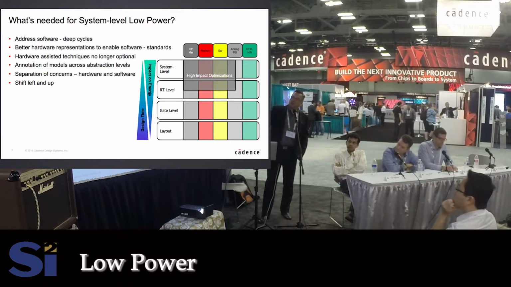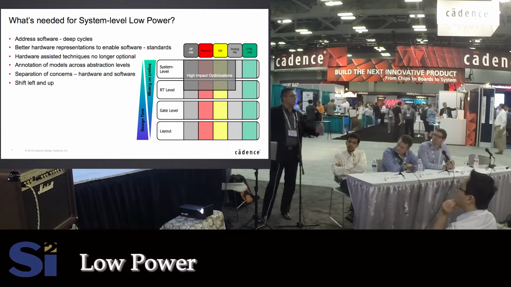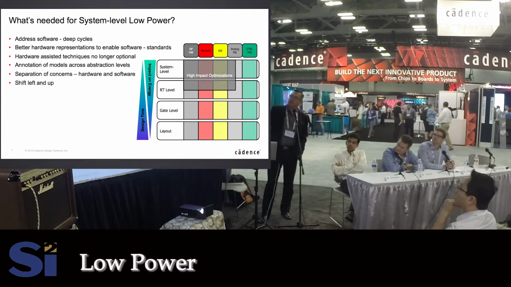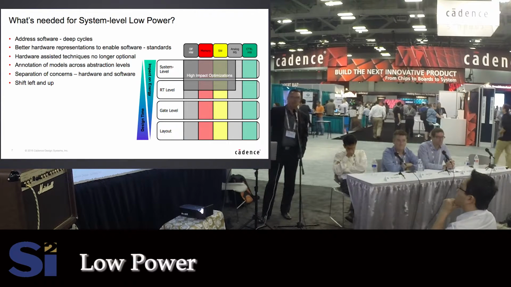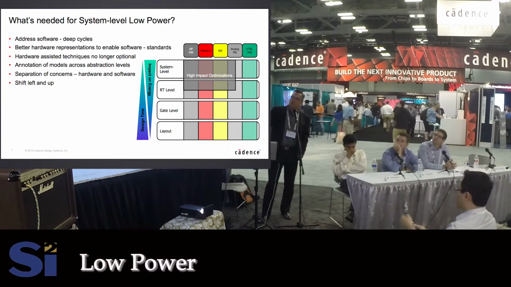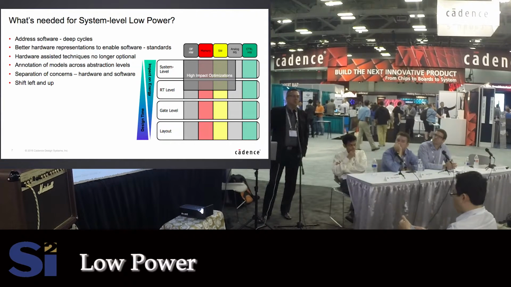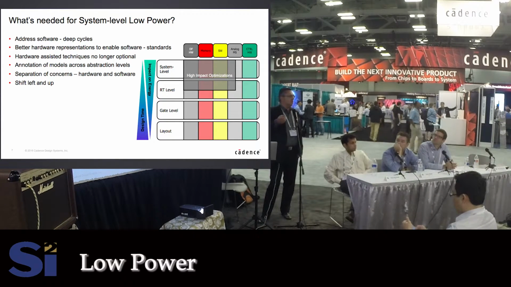So being able to deal with deep cycles here, long software-driven analyses is important. Better hardware representation, so being able to represent the gate level, the RT level for the higher level is becoming more and more important. Hardware-assisted techniques are really no longer optional.